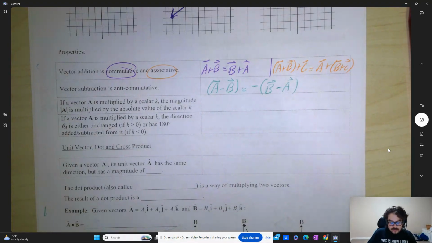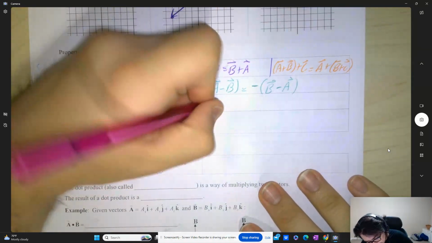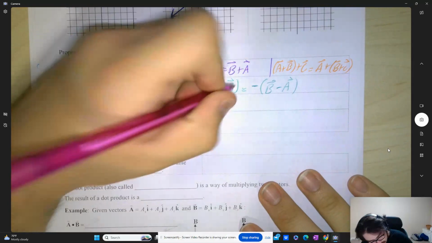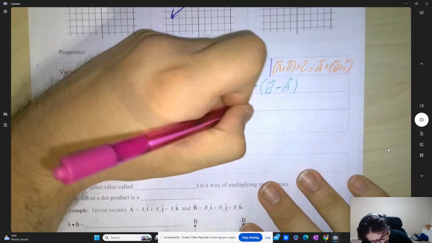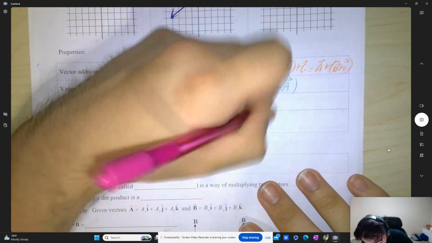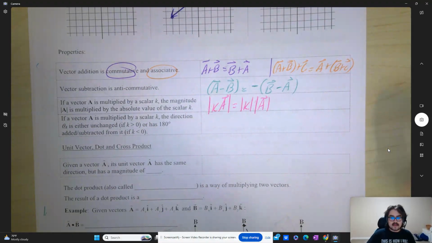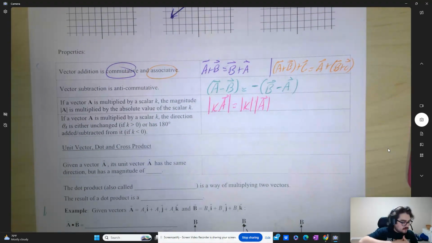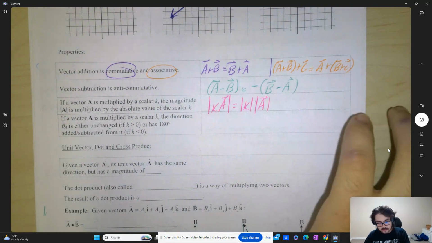Okay, if vector A is multiplied by scalar k, then the magnitude is also multiplied by the absolute value of the scalar k. That is absolutely true. For example, we saw this earlier, the magnitude of k times A equals the absolute value of k times the magnitude of A. That's the same thing. And finally, if vector A is multiplied by a scalar, then the direction is either unchanged or has 180 added or subtracted to it, and that's also true.